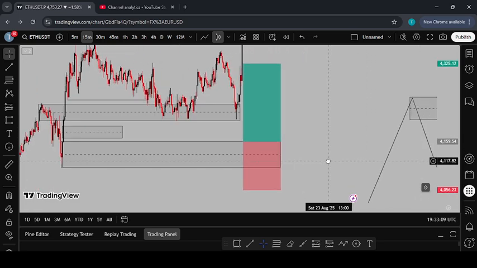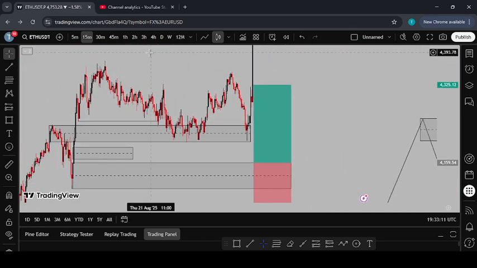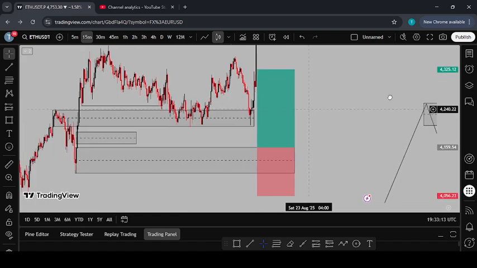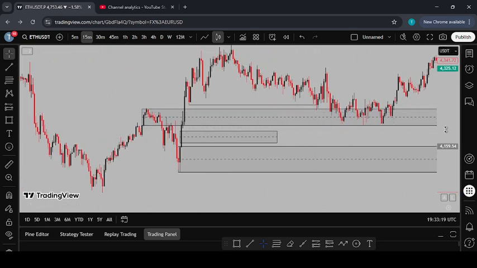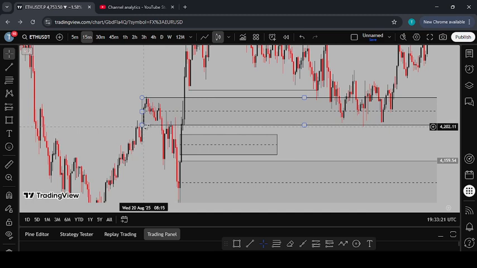Now, the scenarios where this one does not hold are scenarios where you will see the market creating this mitigation block and breaking out, and this structural move, right? This pullback that you see here comes into this region before buying.